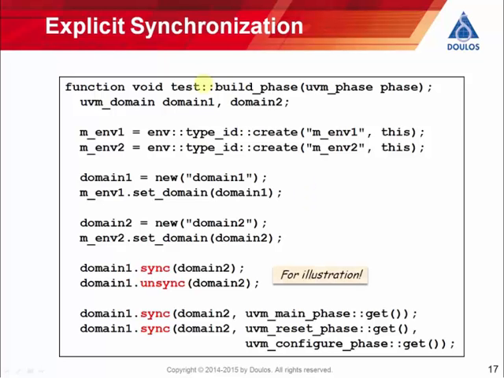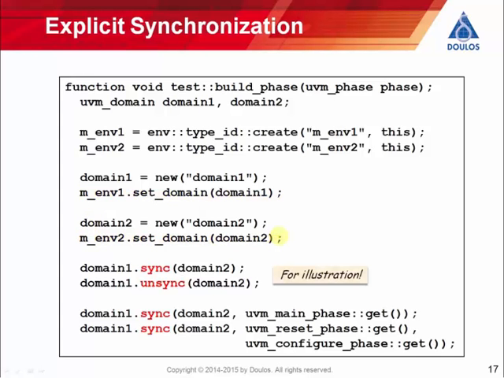So let's look at another example. Here, to keep things symmetrical, we've got two separate domains, domain1 and domain2, two instances of a component, env1 and env2, and we've chosen to place env1 into domain1 and env2 into domain2.